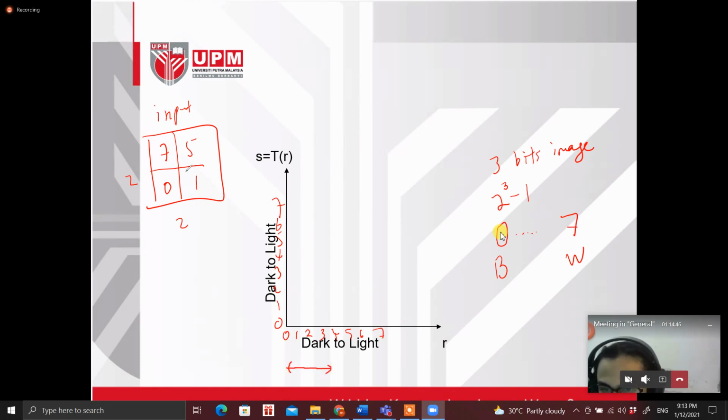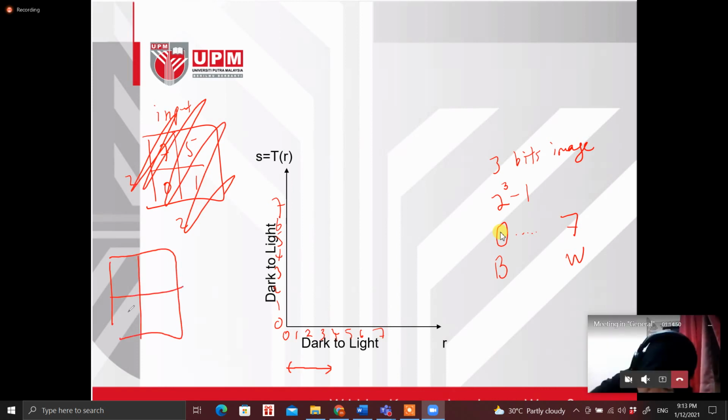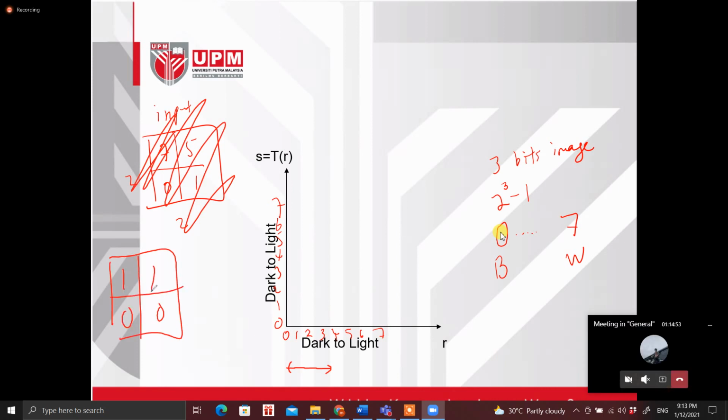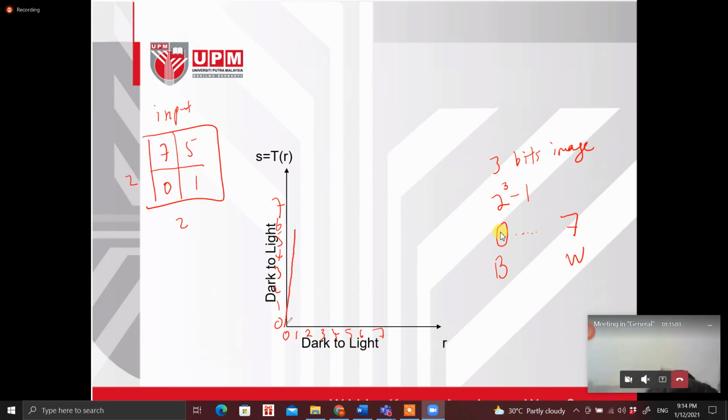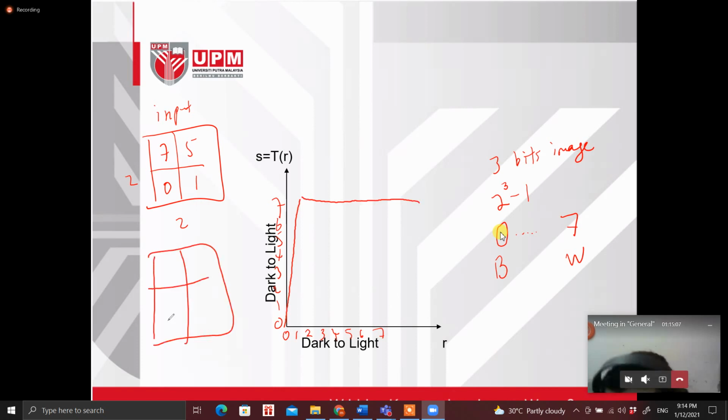Say that this is your input image, you have 0, 0, 1, 1. If your image is too dark, then the way to improve it is by using this particular equation, because anything with 0 will maintain as 0 and anything with 1 will give you 7. So you have a good stretch.